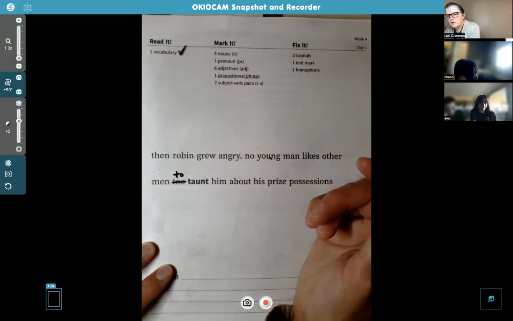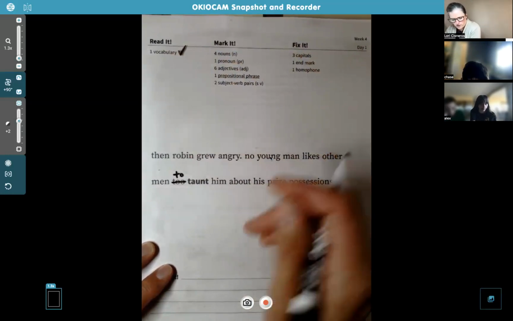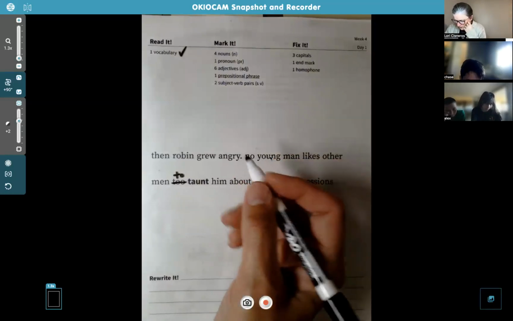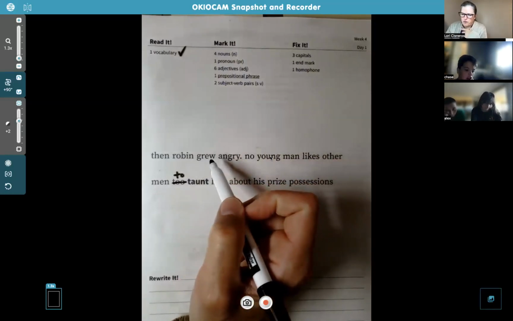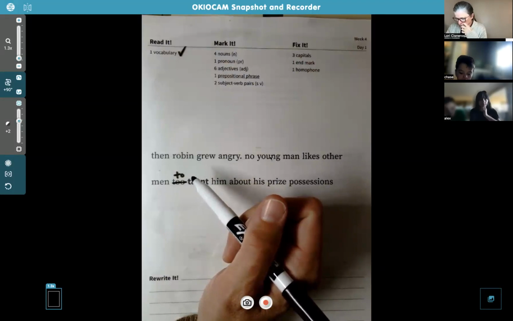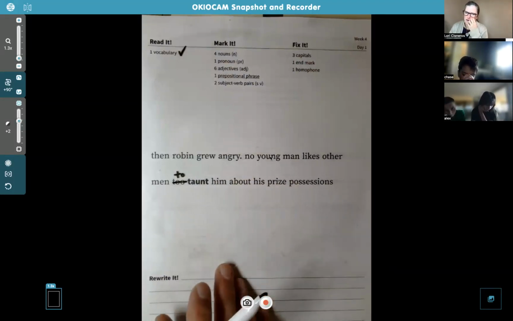We've got 4 nouns. So Alex, help us find the 4 nouns on this page. Grew. Okay, so grew is actually a verb. Remember, verbs are action, and nouns are person, place, or thing. So look for person, place, or thing here.